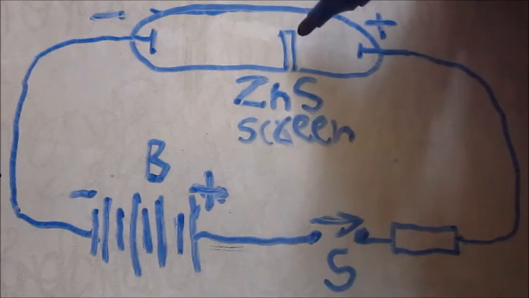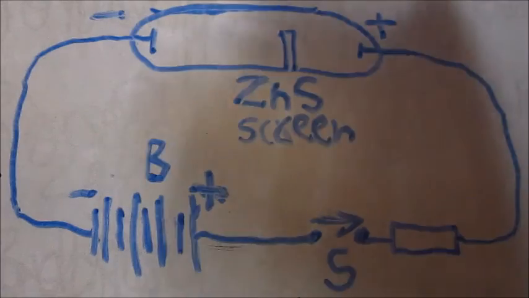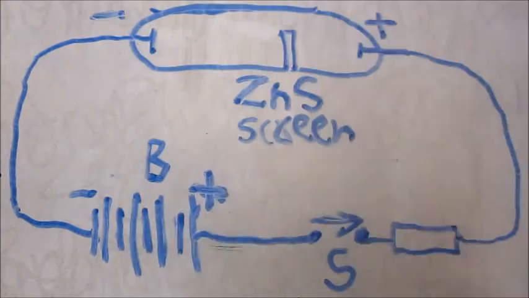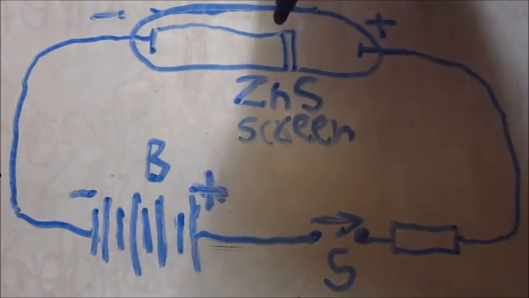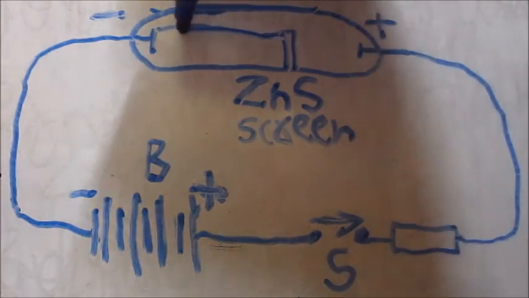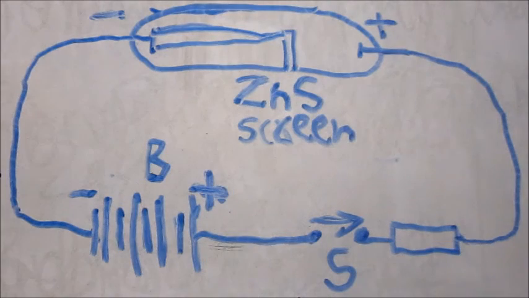The zinc sulfide screen present here started to glow when the circuit was switched on. Even though there was some distance between them, it started glowing. It was assumed that some invisible rays were emitted from the cathode, which made the screen glow.